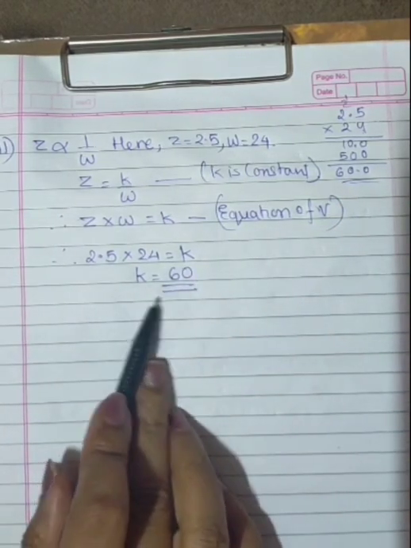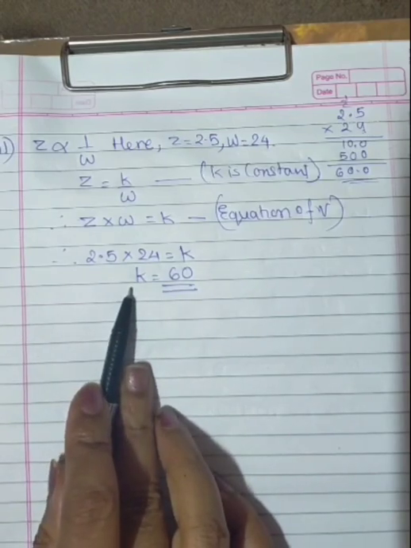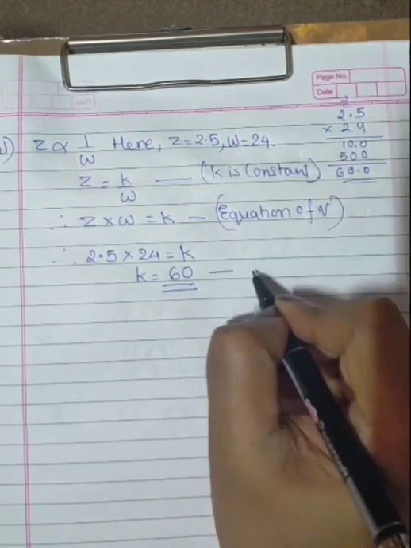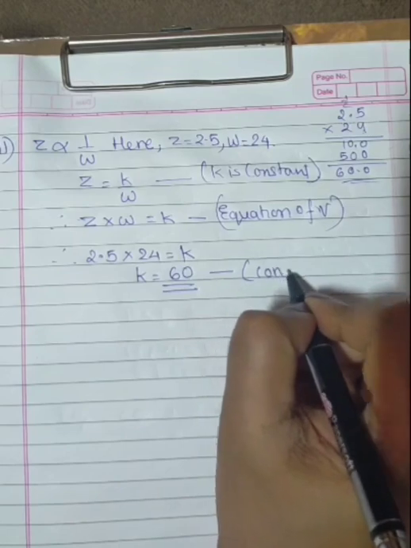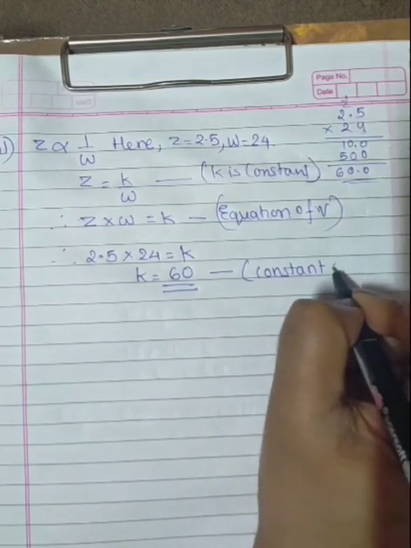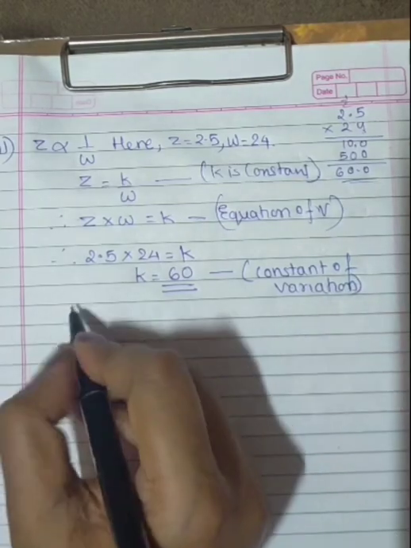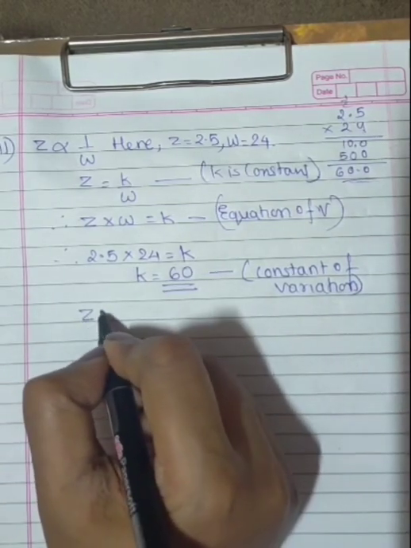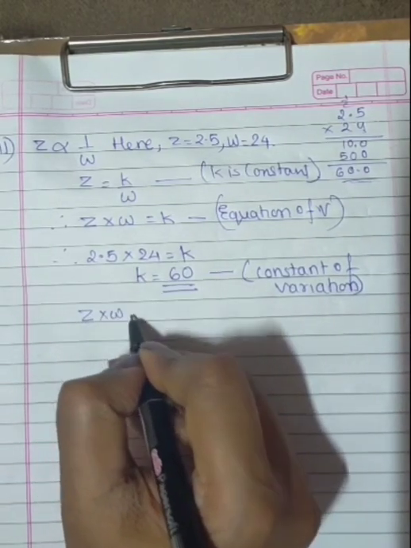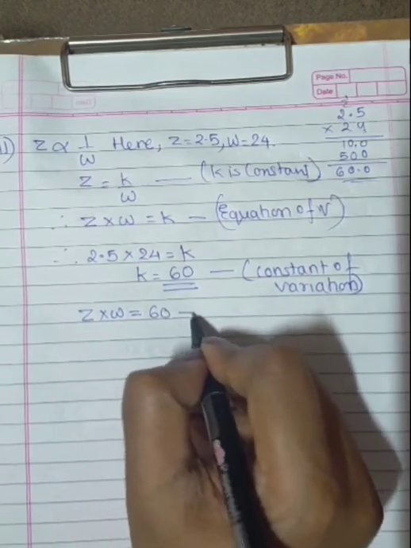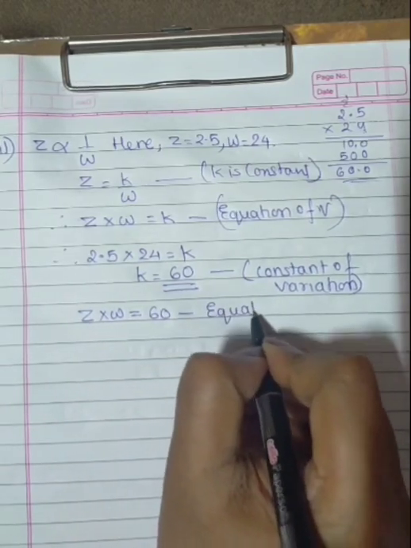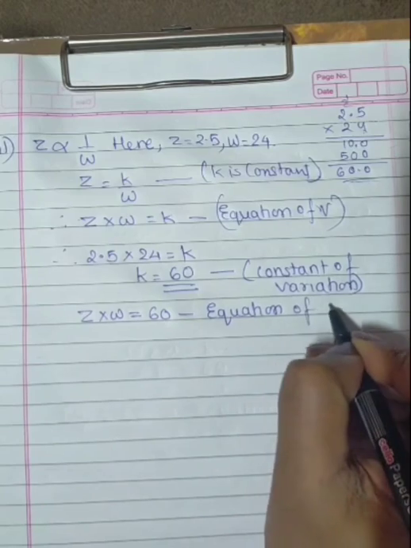Okay, we got 60 as K. So it is the constant of variation, and Z into W equal to 60 is the equation of variation.